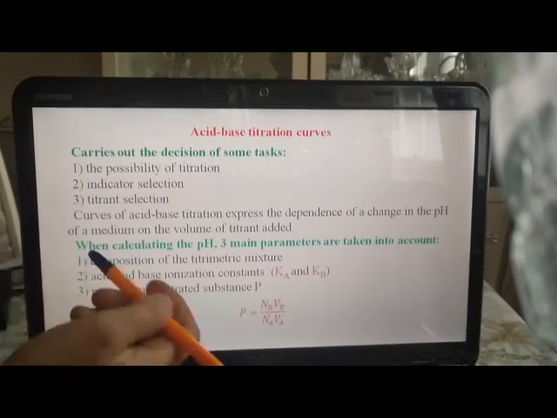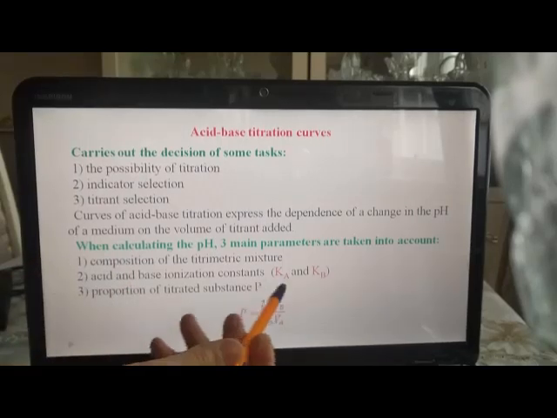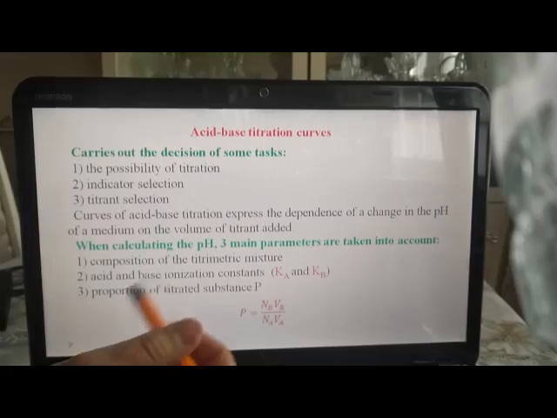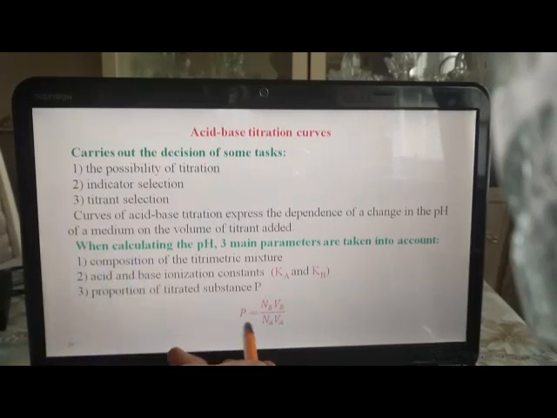The first, composition of the titrimetric mixture. Second, acid and base ionization constant. Third, proportion of titrated substance, which is found from this equation: P equals N, the normality concentration of the base, multiplied by the volume of the base, divided by the normality concentration of the acid multiplied by the volume of the acid.